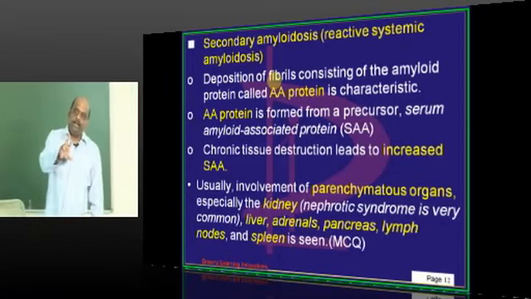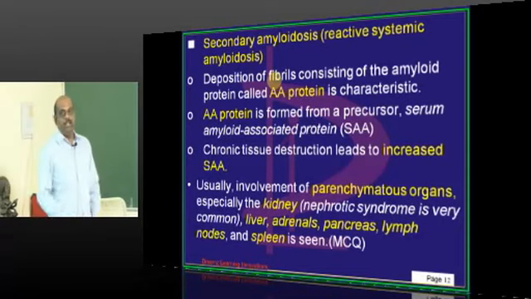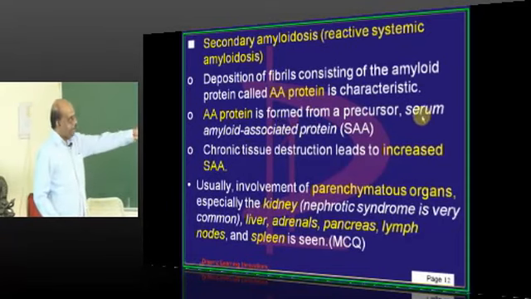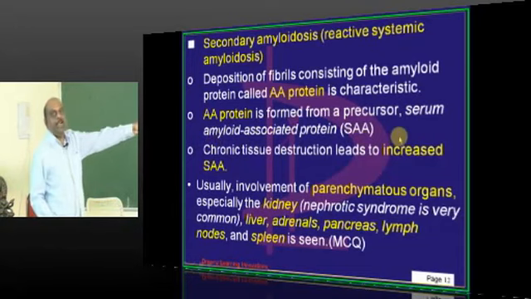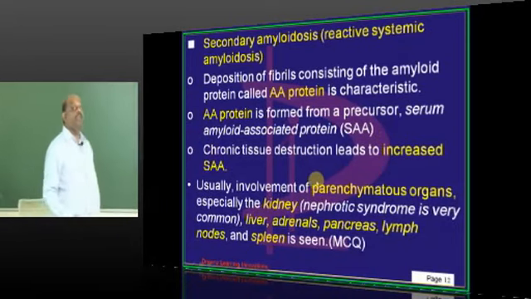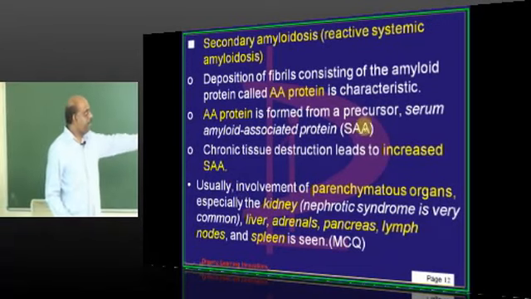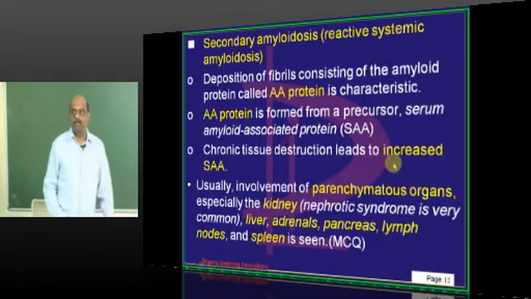What type of amyloid? AA, not AL, is what you see in secondary. AA has a precursor protein called serum amyloid associated protein, SAA. From that, AA is basically produced. Any chronic tissue destruction or chronic inflammation will increase the formation of SAA, which is the precursor for AA protein.